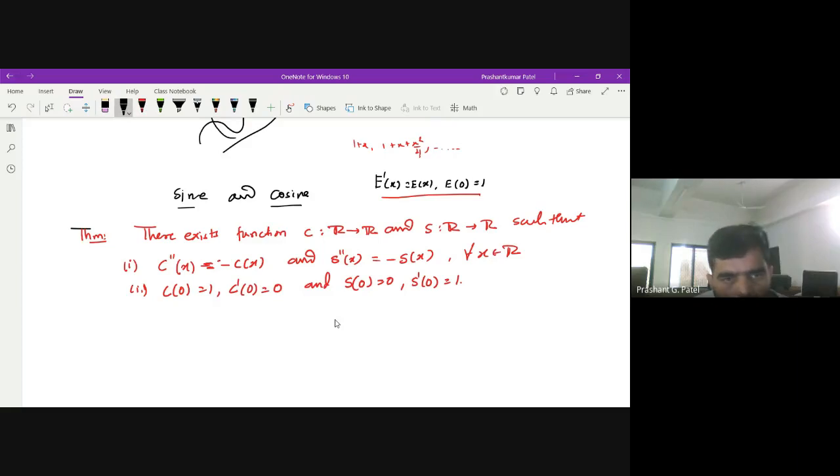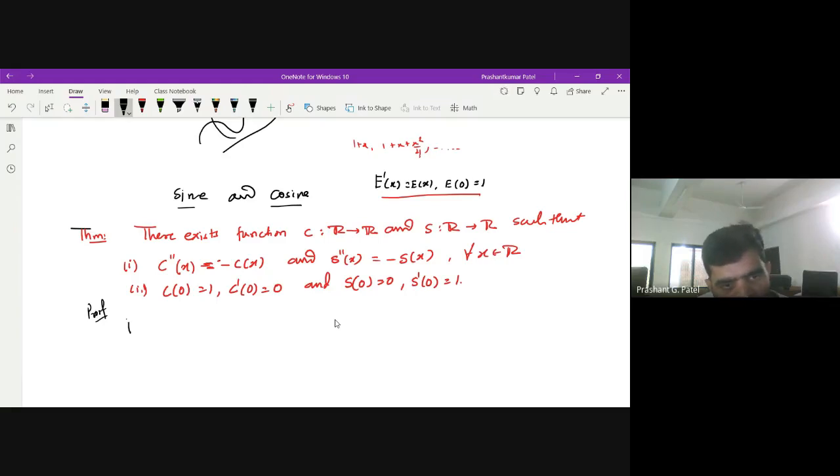Here also we are doing the same technique. We will construct a sequence of polynomials, and that sequence will converge to the functions c and s. That will give you the existence of c and s, which are the cosine function and sine function.